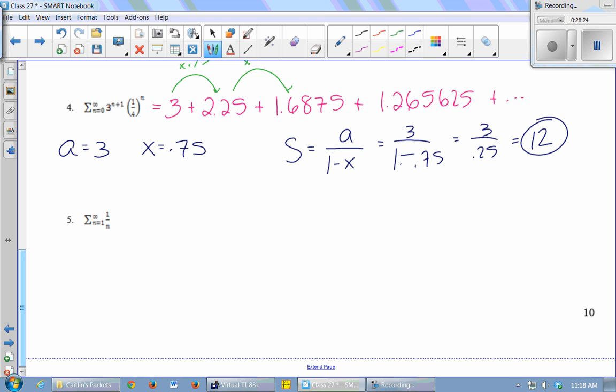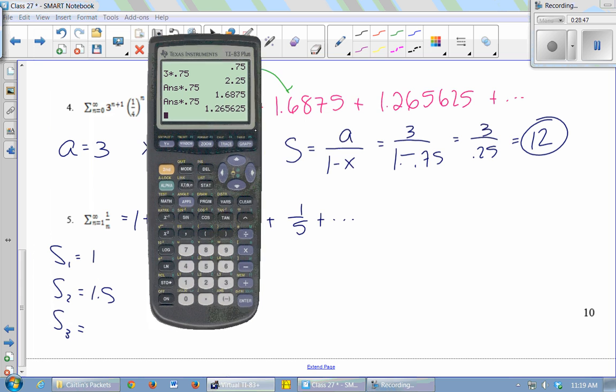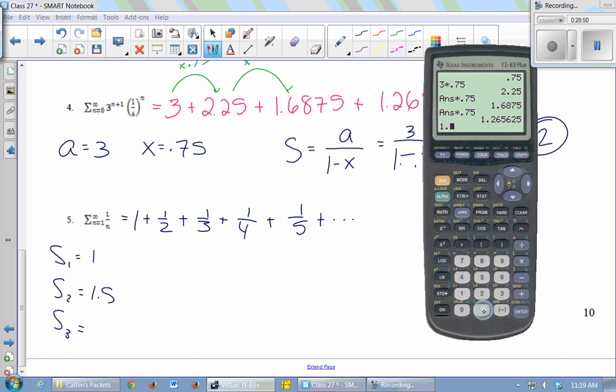The sum from n equals 1 to infinity of 1 over n. So I've got 1 plus a half plus a third plus a fourth plus a fifth. So if I look at some partial sums, I would get S1 is 1, S2 is 1.5, S3 is, I need a calculator, 1.5 plus a third, 1.833.